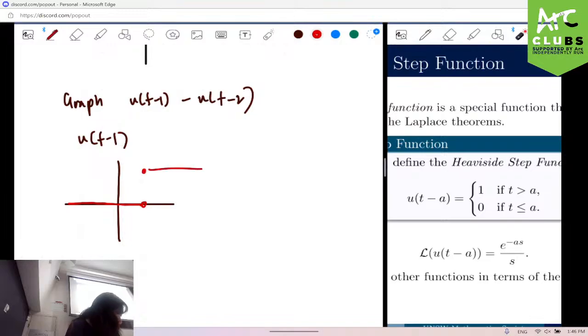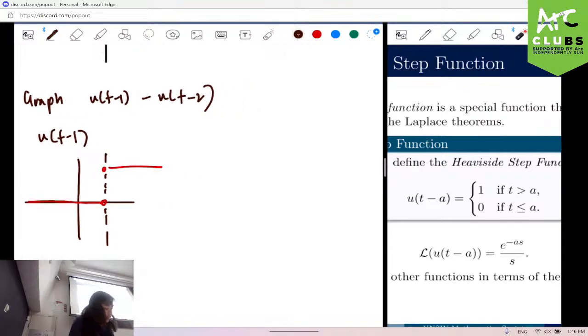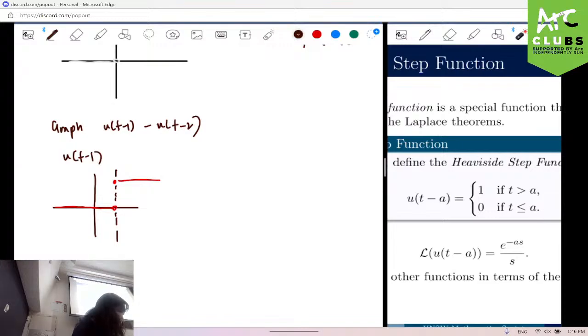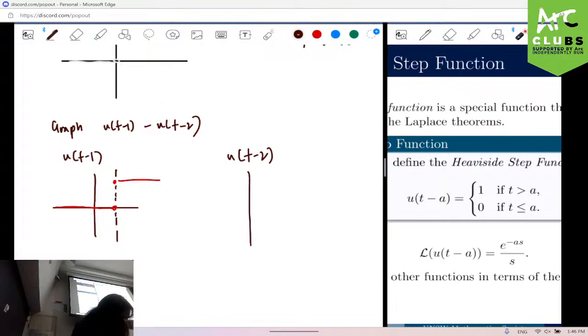Now when it touches 1, it turns on. And then similarly for u(t minus 2), it turns on at t equals 2.